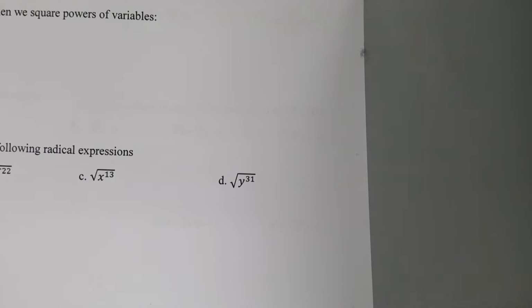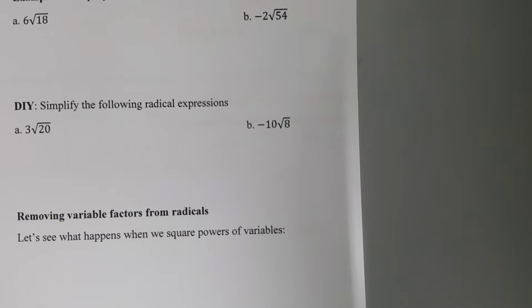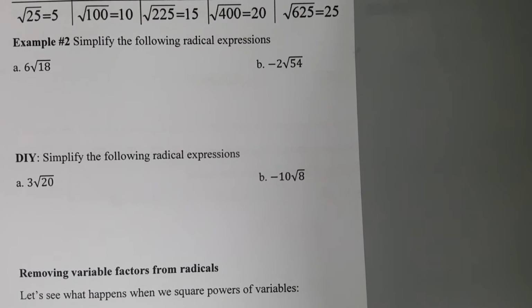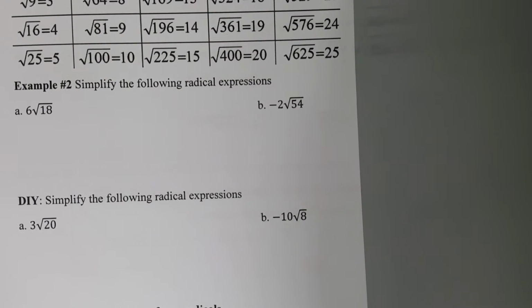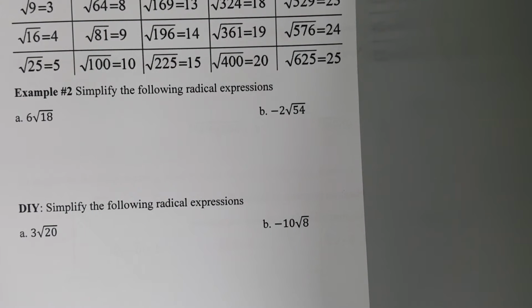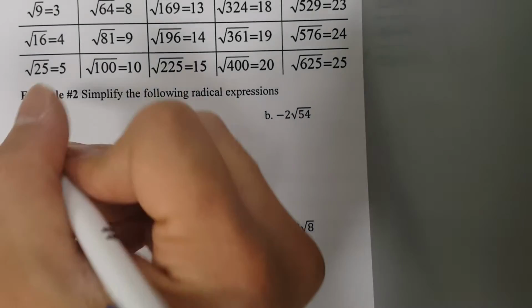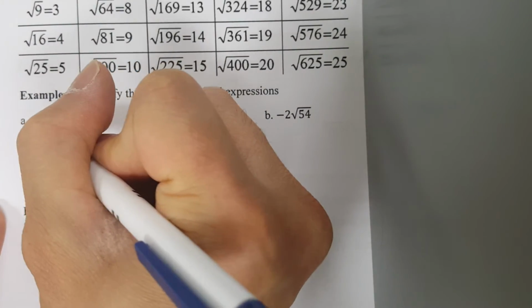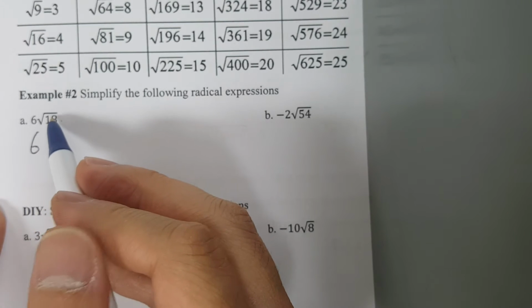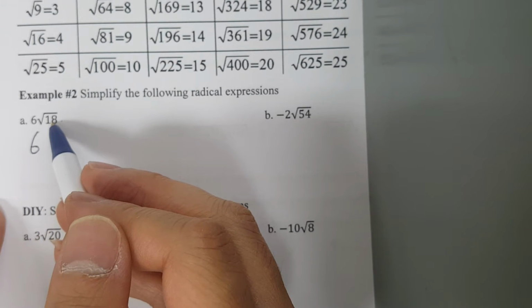So now let's move on to check your work if you need to copy it down. And then let's go ahead and move on to example 2. Okay. So you want to simplify the following radical expressions. So what we do is we are just going to look at the square root. So nothing happens to the 6 here. So I'm going to leave the 6 here, and I'm going to break up the radical 18.